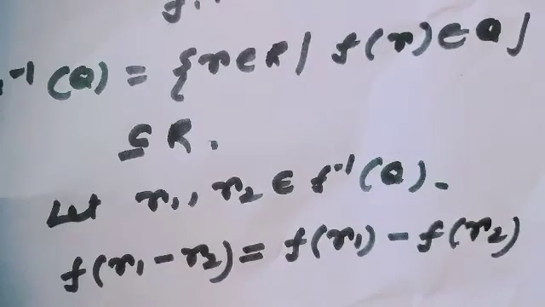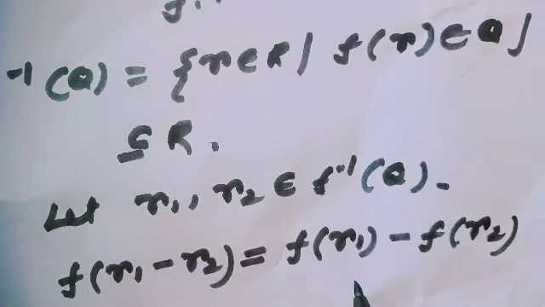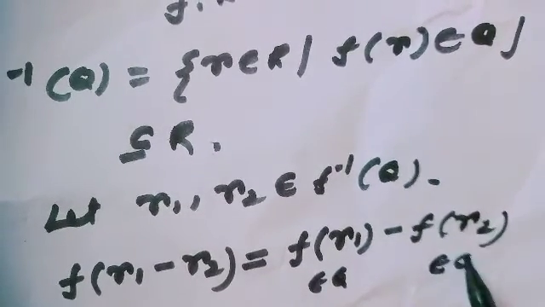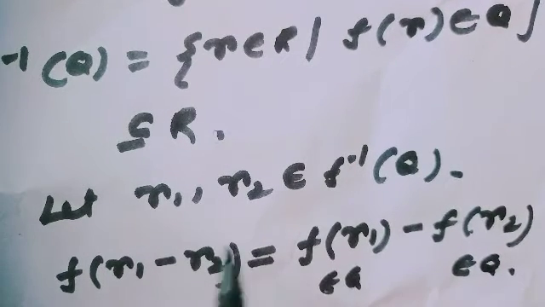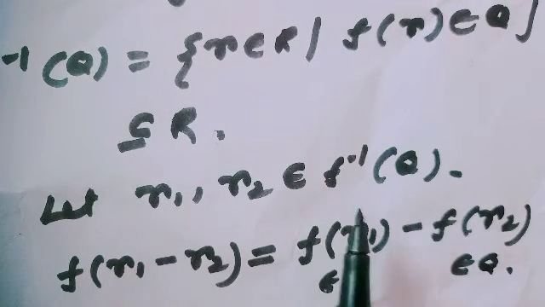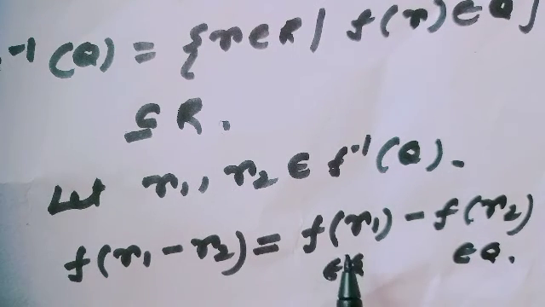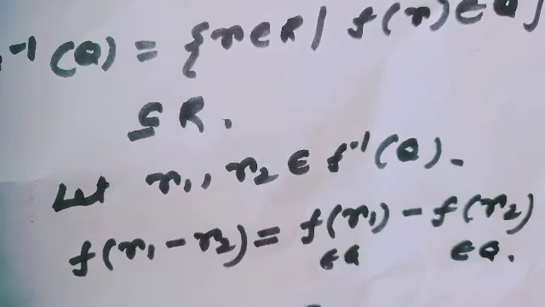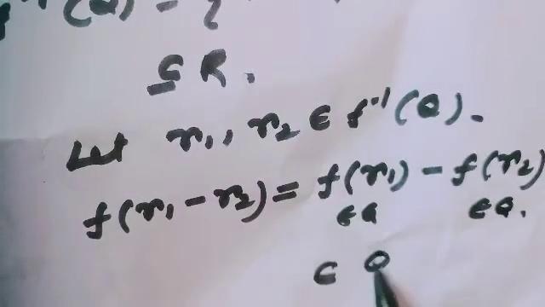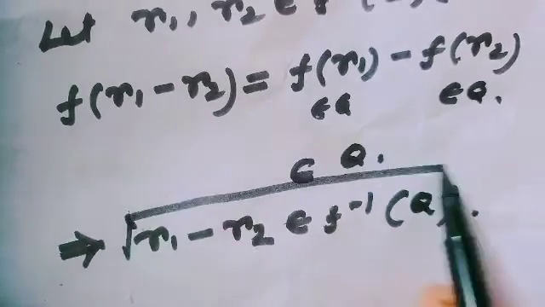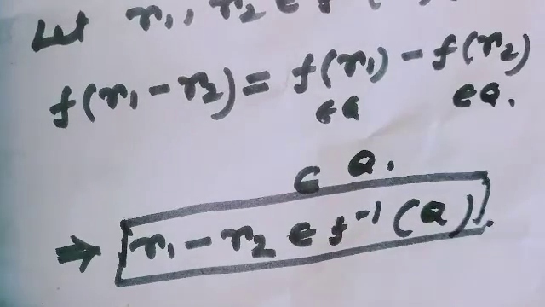Obviously f of r1 is a member of Q and f of r2 is a member of Q, because r1, r2 are members of f inverse of Q, and since Q is an ideal, their difference f of r1 minus f of r2 belongs to the set Q. That means from this line we can say r1 minus r2 belongs to f inverse of Q.